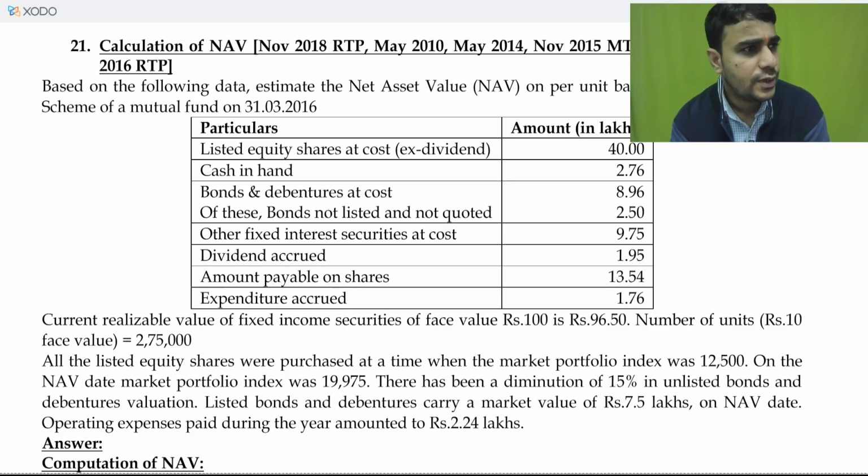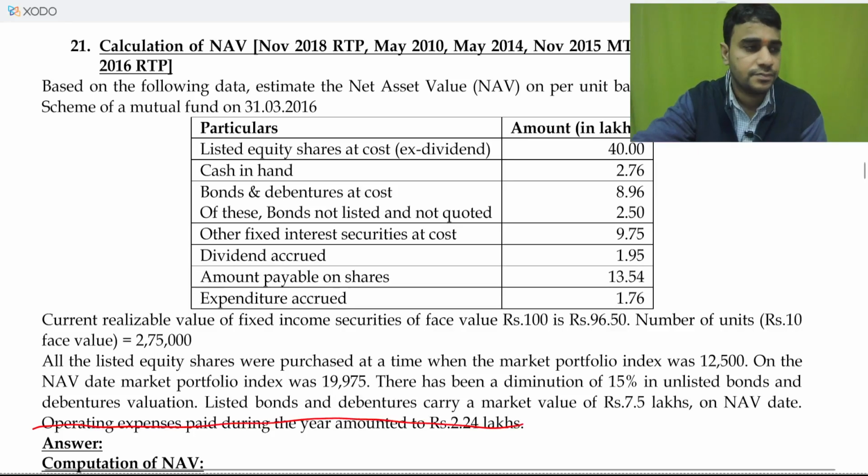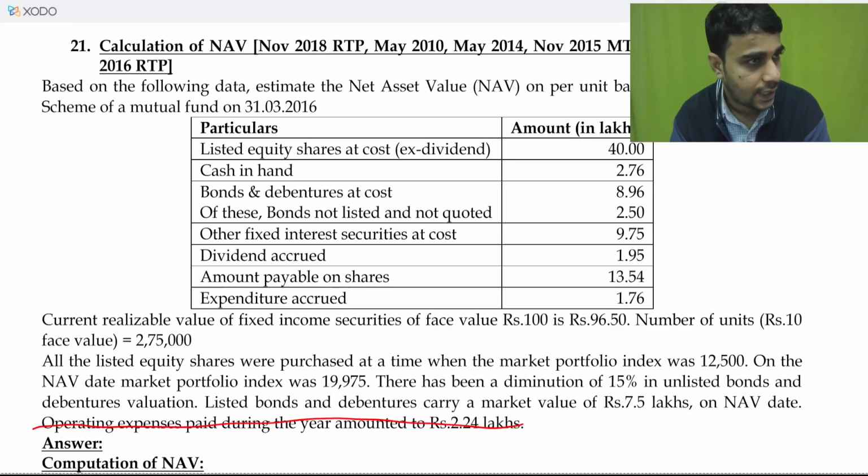This is a doubt many students keep asking me: when I'm going to do the solution, this line is of no use, because I already have the closing cash and expenses are already paid. Expenses already paid is neither an asset nor a liability, so it's not going to come in my calculation, because closing cash is given.